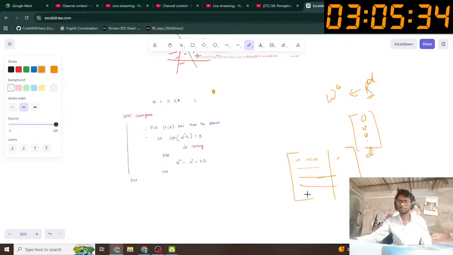There will be many such instances, and their corresponding y will be there.